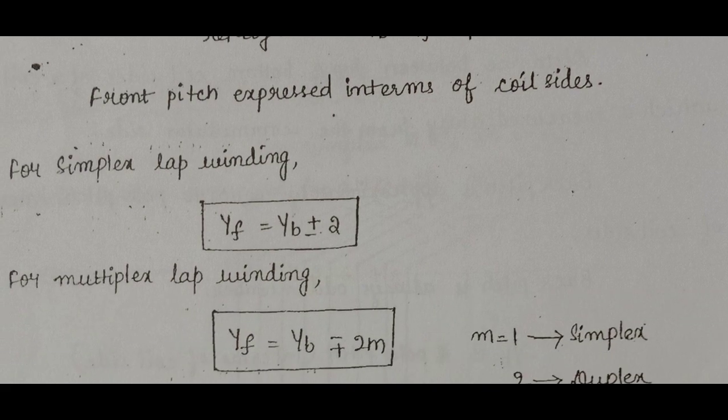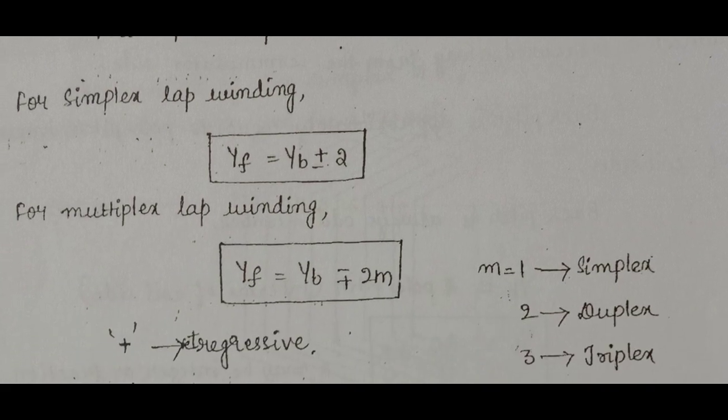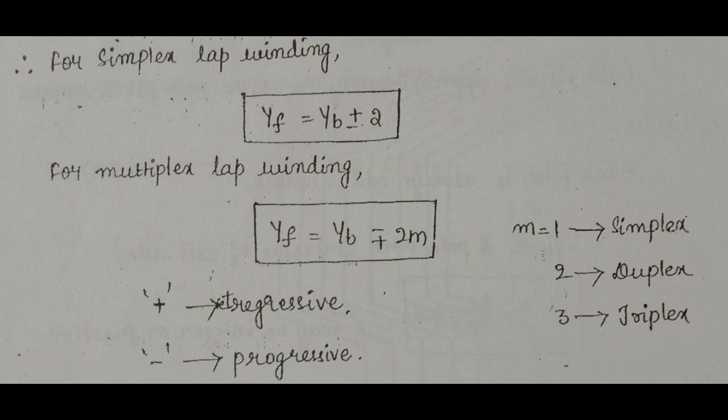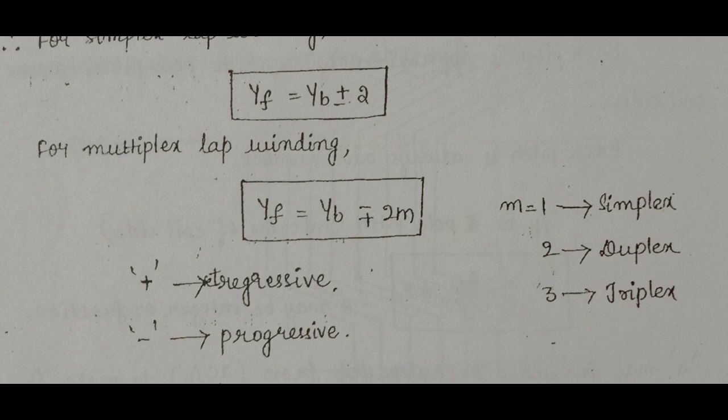Front pitch expressed in terms of coil sides. For a simplex lap winding, YF equals YB plus or minus 2. For a multiplex lap winding, YF equals YB plus or minus 2m.